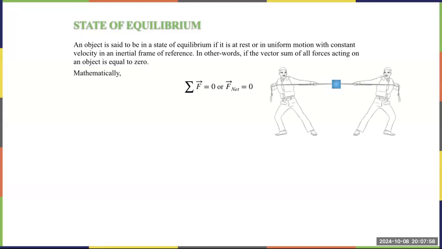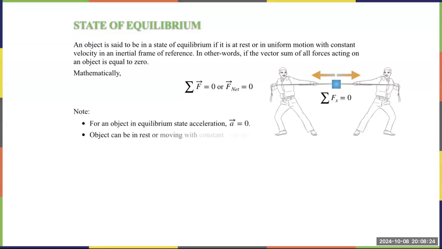But what kind of equilibrium it is depends. In these conditions, the force pulling in this x direction and the force pulling in the opposite x direction both cancel each other, so the total sum of the forces in the x direction is zero. There's a gravitational force downward, and because of the tension, there is an upward force, so the upward force and the gravitational force cancel each other.